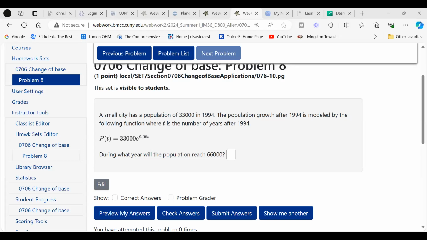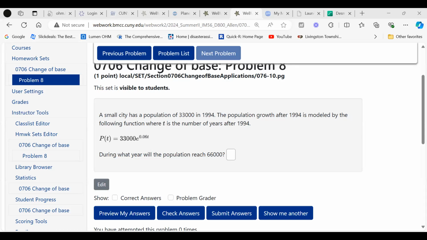So let's look at it. Basically, we are given this exponential function, and we want to find the time t. What year means t is unknown. We're going to solve for t here. And the population reaching 66,000 means P(t), the population at that year, is equal to 66,000.